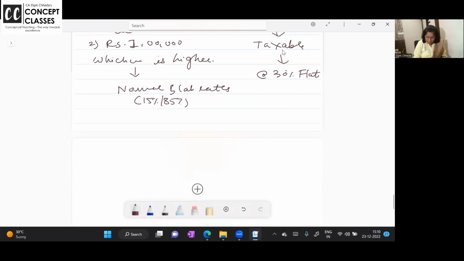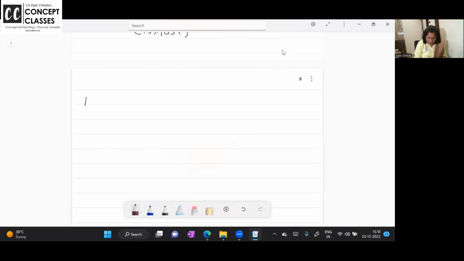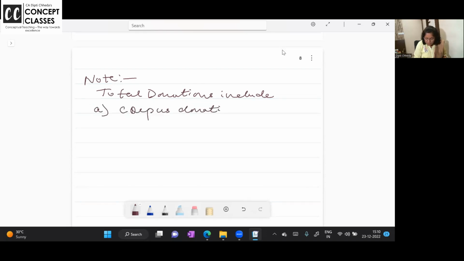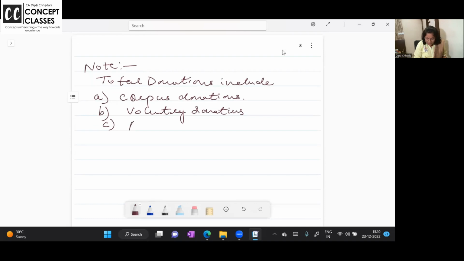Now here, very important, write down this note. Total donations, of which you took 5%, right? So total donations include corpus donations, your voluntary donations, any other donations, and your anonymous donations.